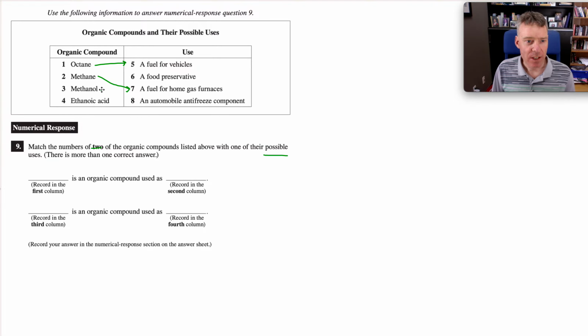Methanol is one of the things that can be an antifreeze. And ethanoic acid, which is basically vinegar, is what you'd more commonly refer to it as, can be used as a food preservative amongst many other things. You just have to identify two of those possible connections. So there's a lot of possible answers for this question.